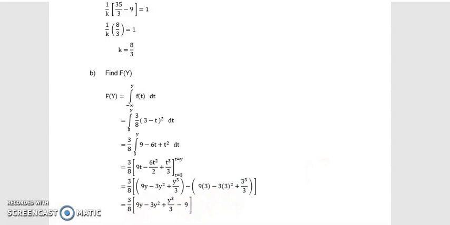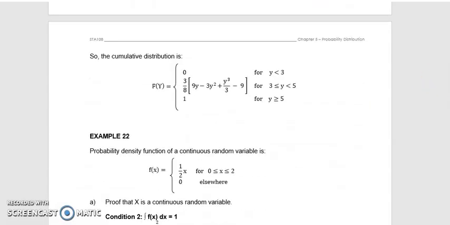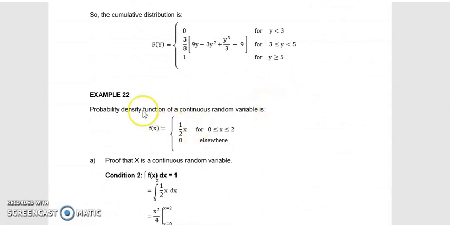Okay, and how to write the cumulative distribution from 0 to 1, as what we did in discrete random variable. Okay, let's look at the next page here. Okay, so how do we write? Okay, Fy, the cumulative.